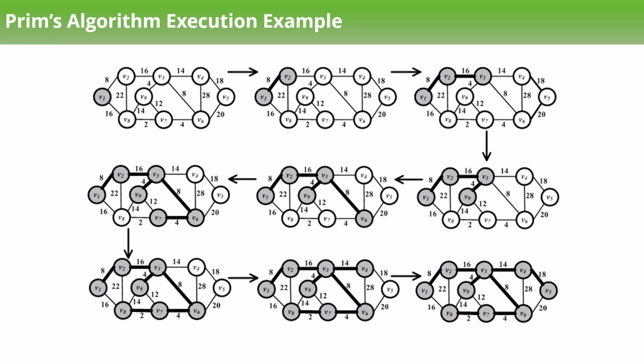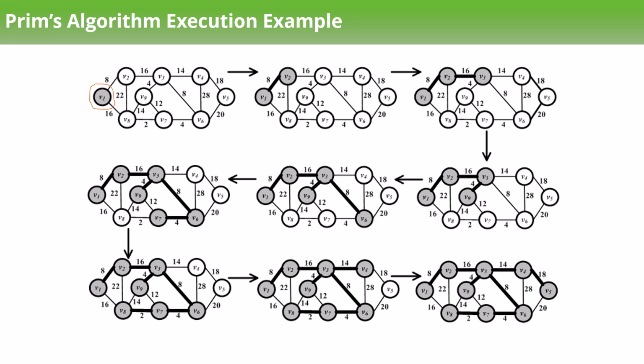So in this graph, we have the vertices V1 to V8. So we have to create a minimum spanning tree, which means all the vertices should be connected and there should not be any cycles. So we begin with the vertex V1. At this point, V1 has two possible edges.